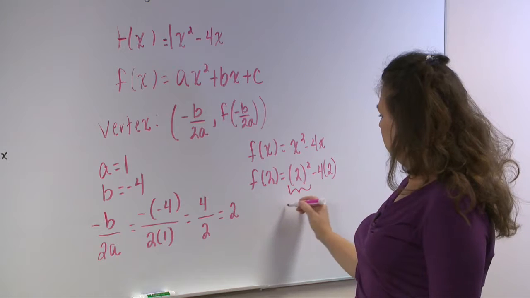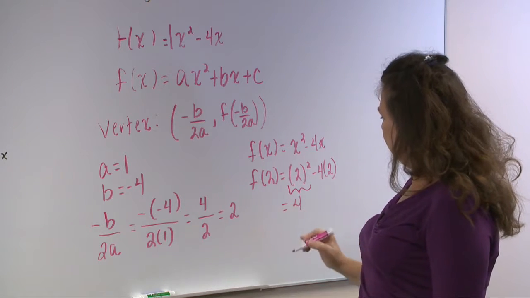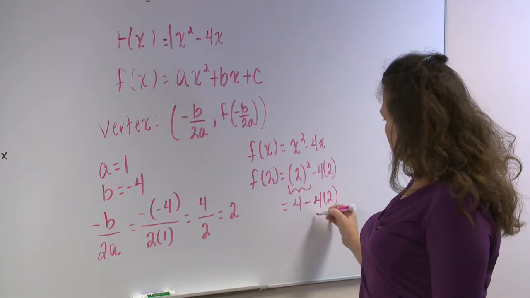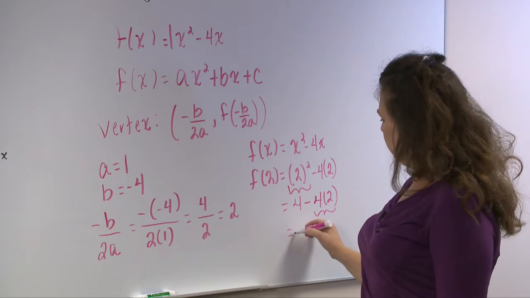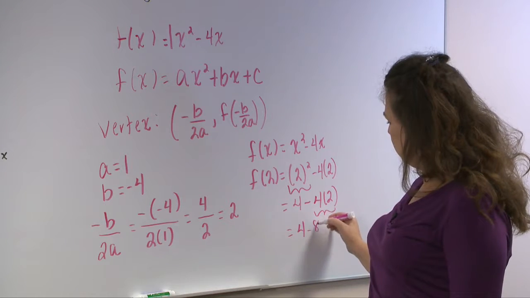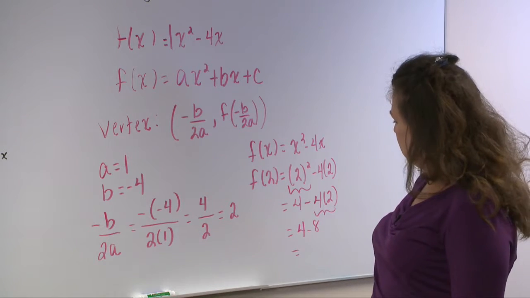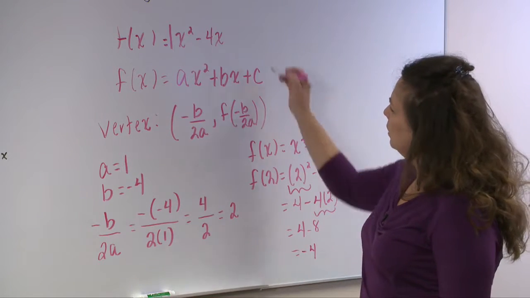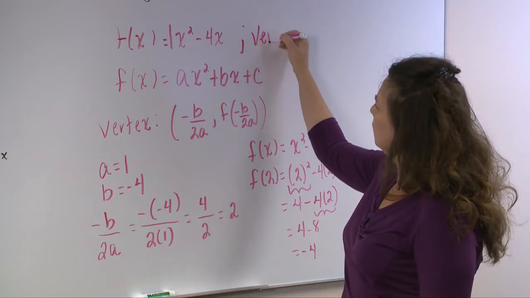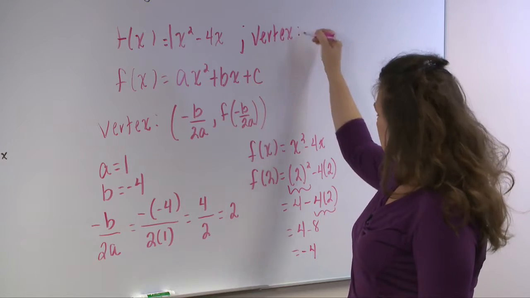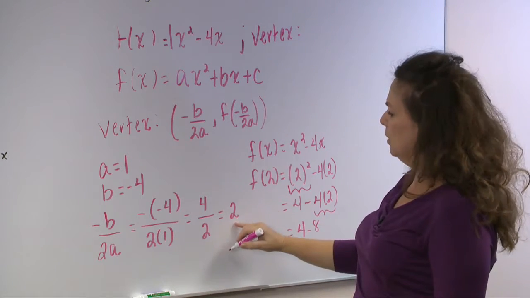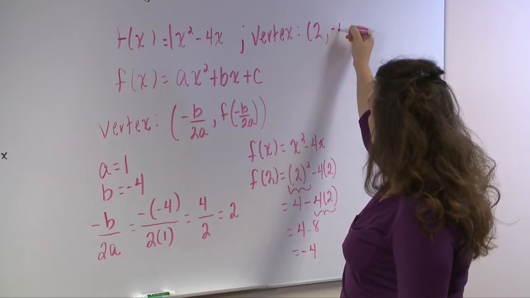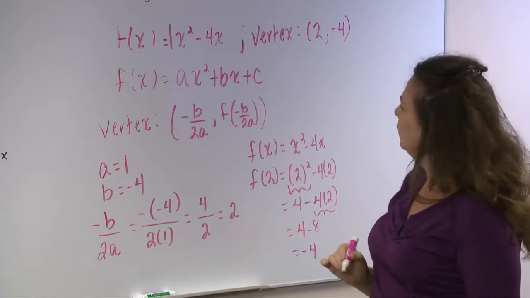I'm going to square the 2, which gives us 4 minus 4 times 2. I'll go ahead and multiply here. So that gives us 4 minus 8. And lastly, 4 minus 8 is negative 4. So the vertex of the function given is first coordinate is 2, second coordinate is negative 4.